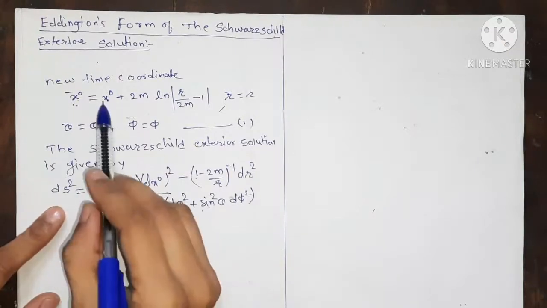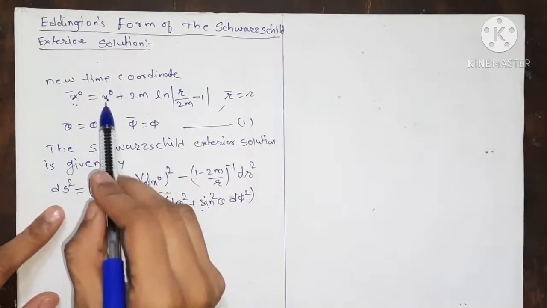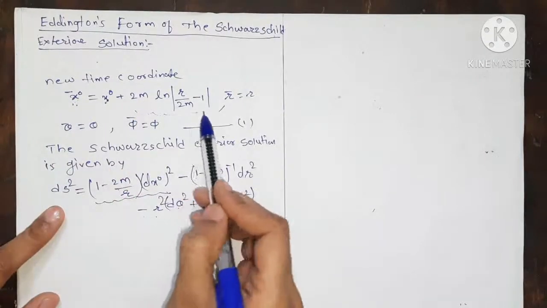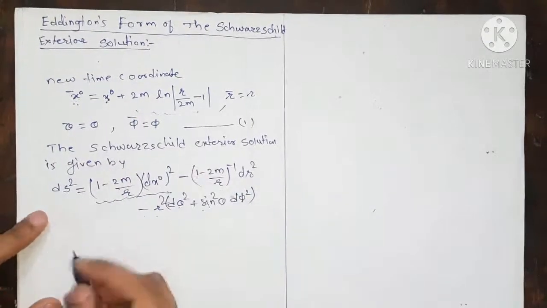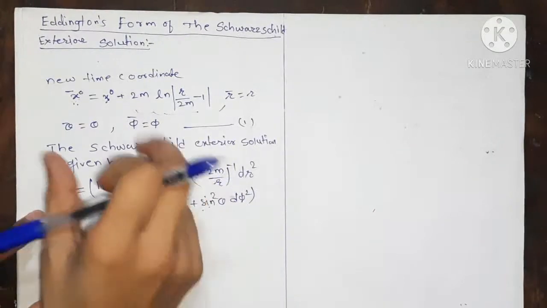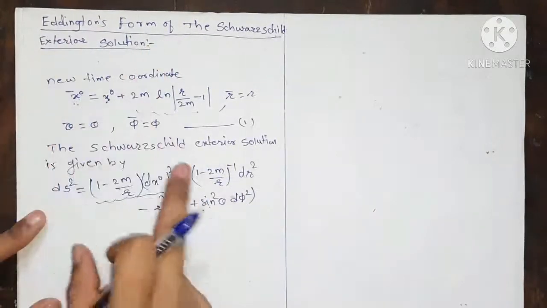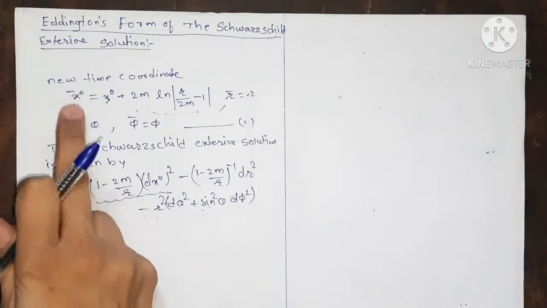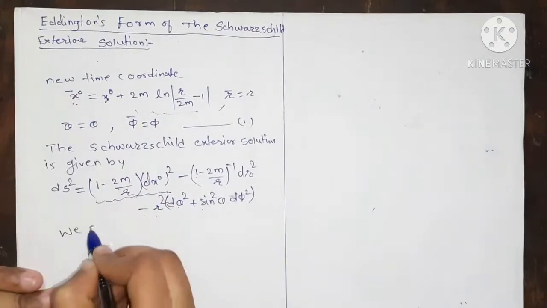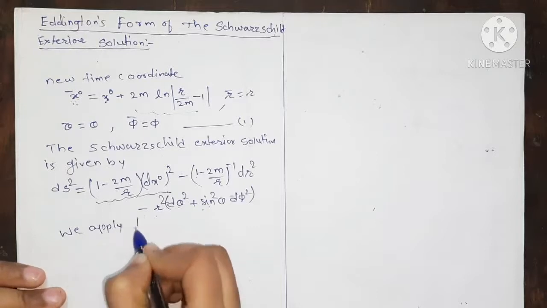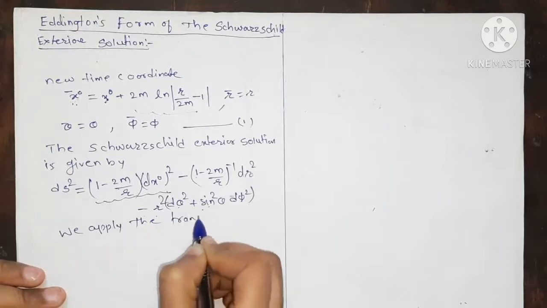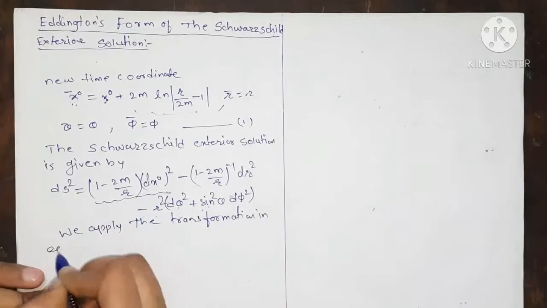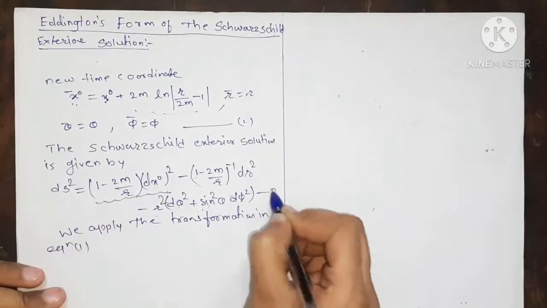Okay, so from equation 1 we can find that x0 can be written as x0 bar minus this term. So for the Eddington form we have to substitute the value of this in the form of a new time coordinate. So we apply the transformation in equation 1, we give this as equation number 2.